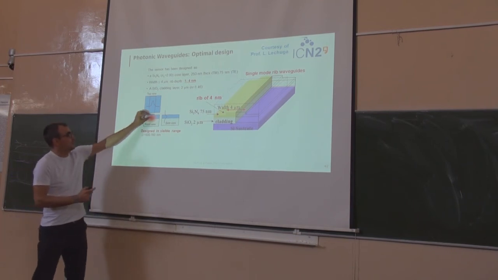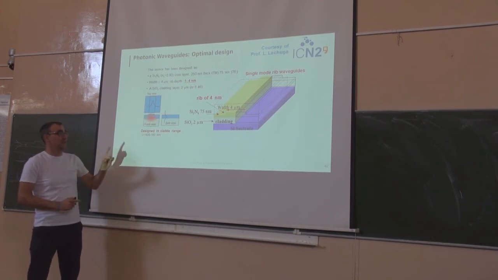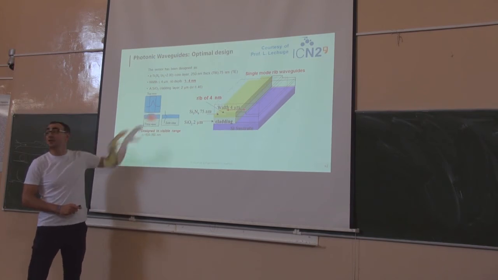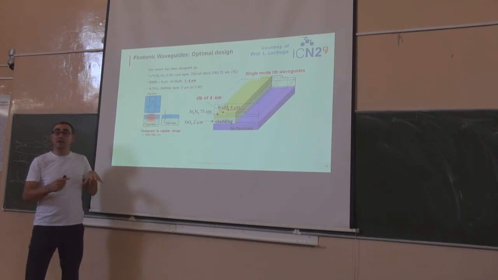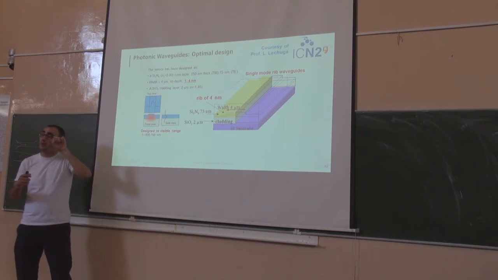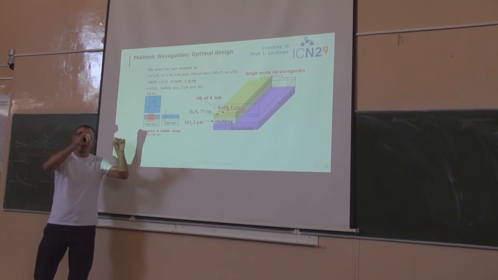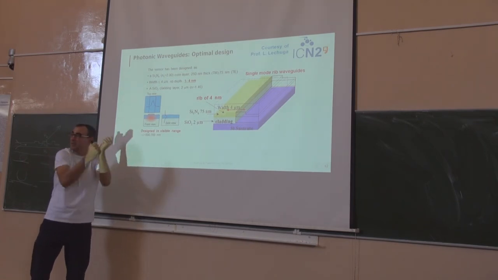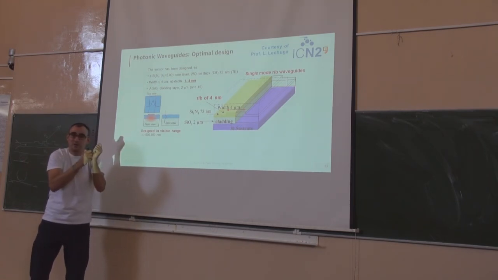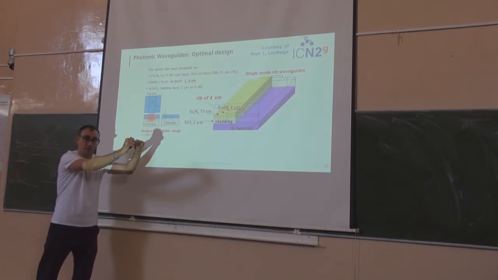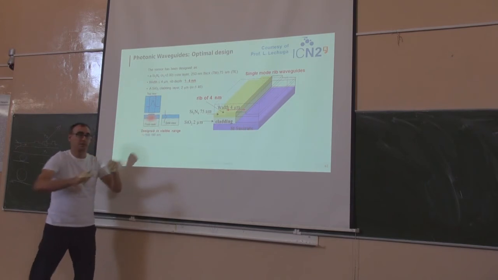So you need to optimize for the evanescent field, but then you need also to optimize the structure to be single mode, because if you make it multi-mode, there will be one beam of light traveling at one speed, one beam of light traveling at another speed, and when you detect, you will detect a mixture of both, and you don't want that. You only want the mixture of one sensing mode with the other non-sensing mode, not four modes going over there.